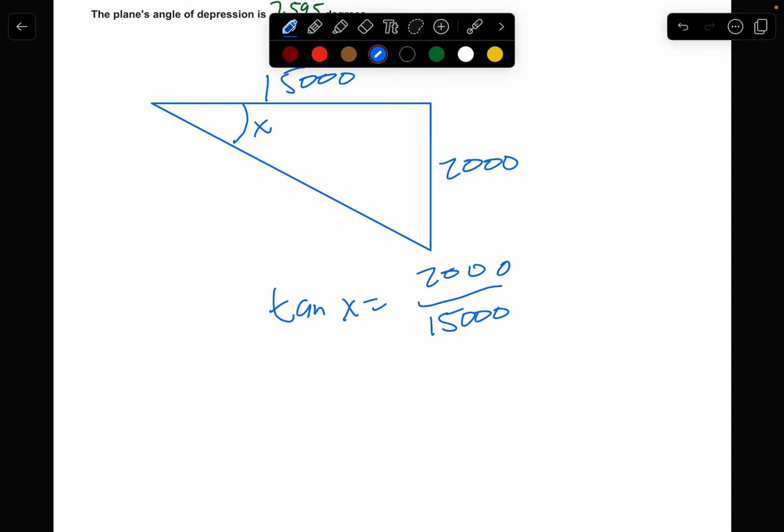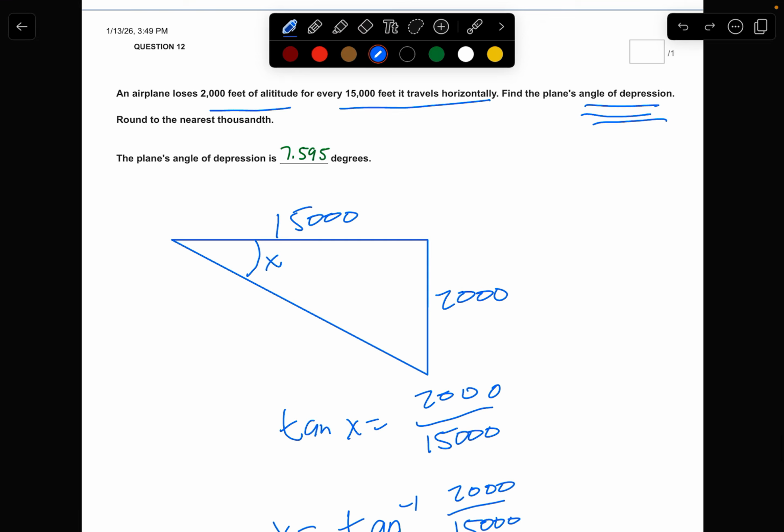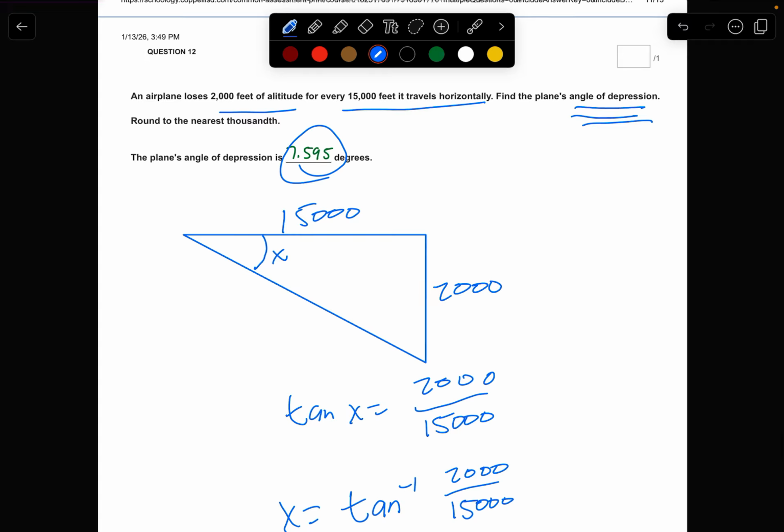And if x is the angle, we have to do inverse tangent of opposite over adjacent. And that's what I'm going to type into my calculator. Could I actually just type in 2 over 15? Yeah, you can type in the reduced number. It's going to be the same answer, I promise. Inverse tangent of 2,000 over 15,000 is going to come out to 7.595. Nailed it.